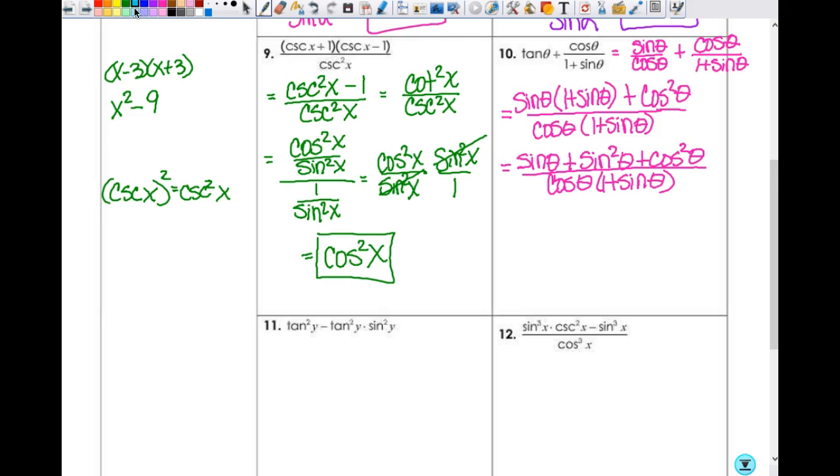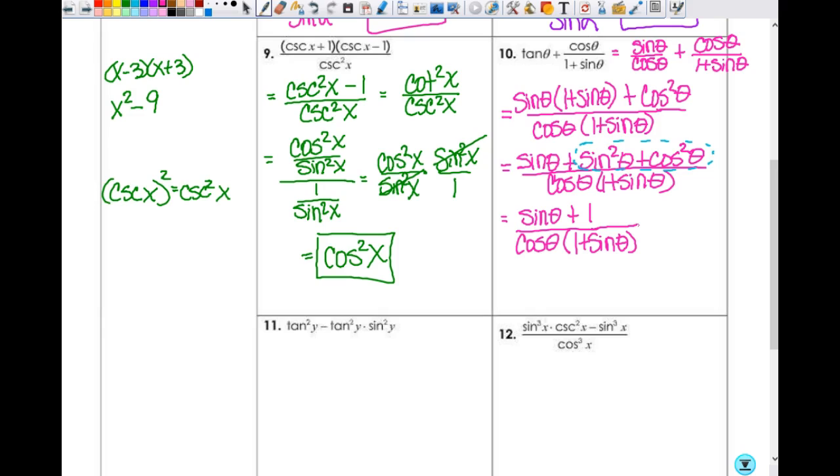What is sine squared theta plus cosine squared theta? 1. So this is equal to sine theta plus 1 over cosine theta times 1 plus sine theta. Yeah. Everybody good?